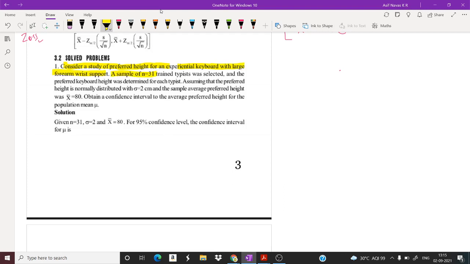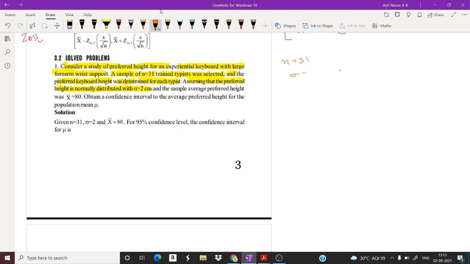A sample of 31 trained typists. So sample size is 31, n is 31, was selected, and the preferred keyboard height was determined for each typist. So we want to find the preferred keyboard height. Assuming that preferred keyboard height is normally distributed with a sigma of 2 centimeters.